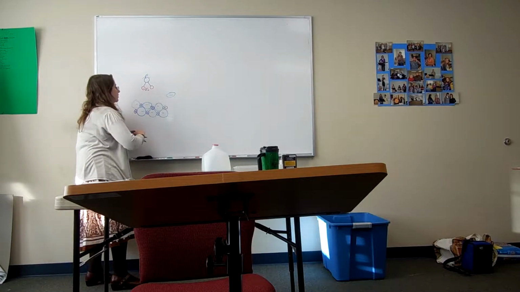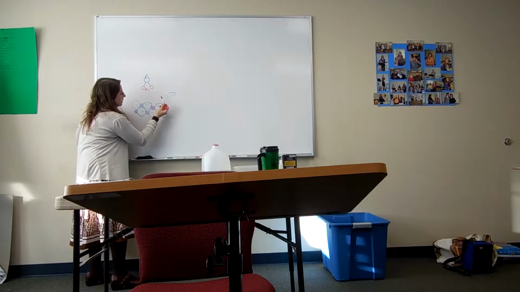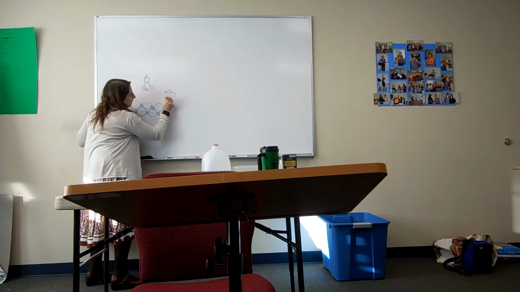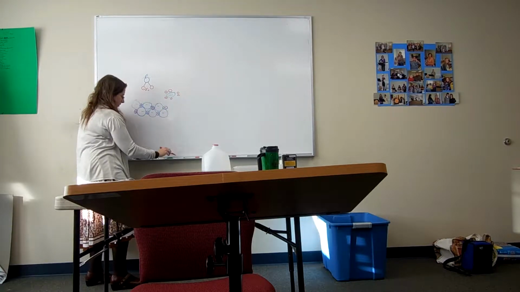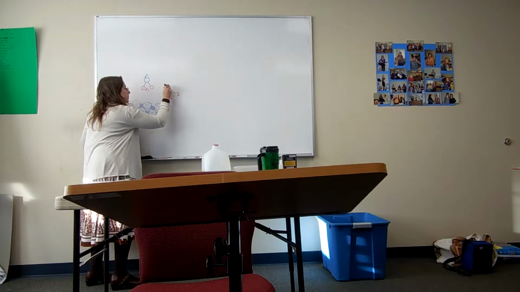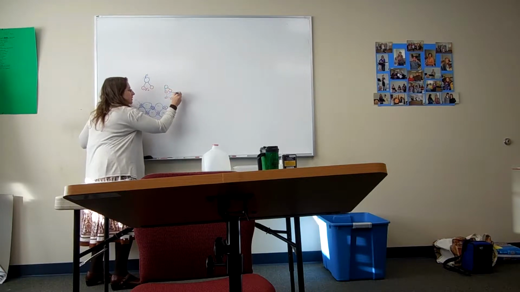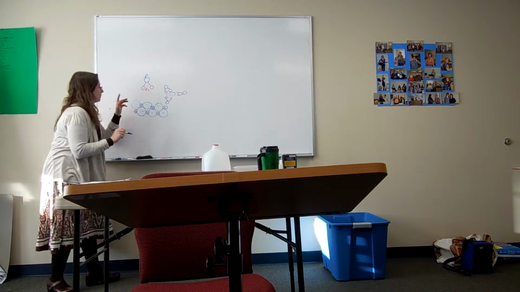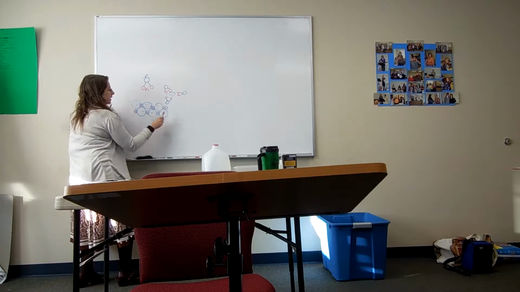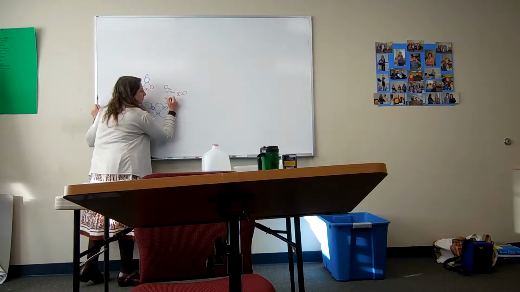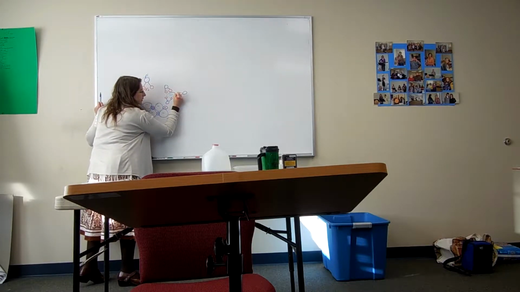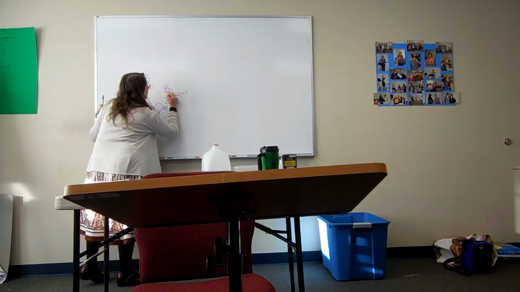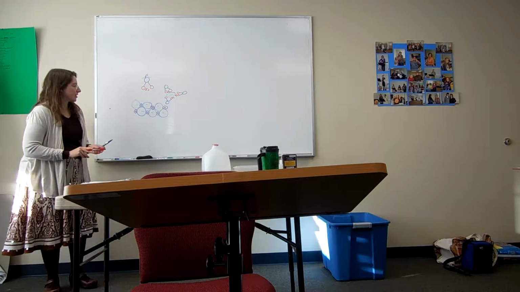And the reason that it dissolves is it is more attracted to the several partially positive ends of water than it is to its own compound. So we've got a bunch of little pluses here, right? That's plenty of attraction to surround it.